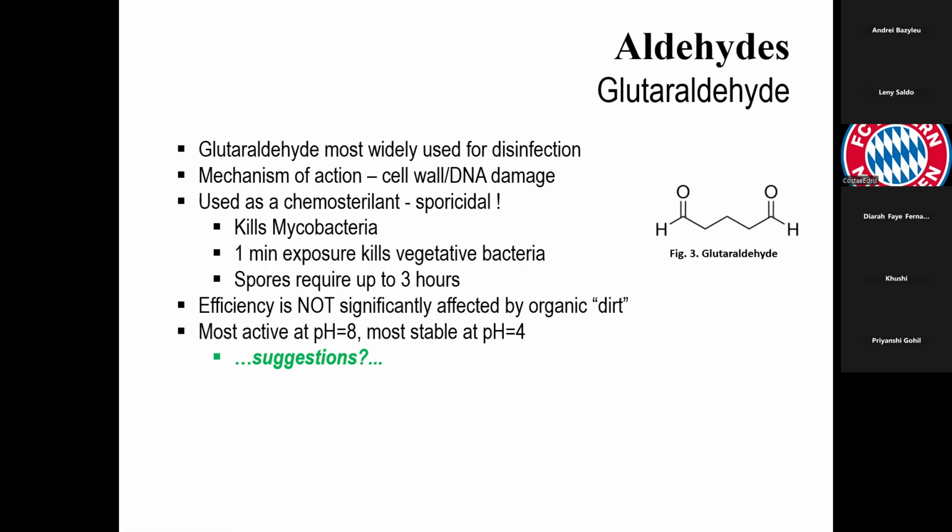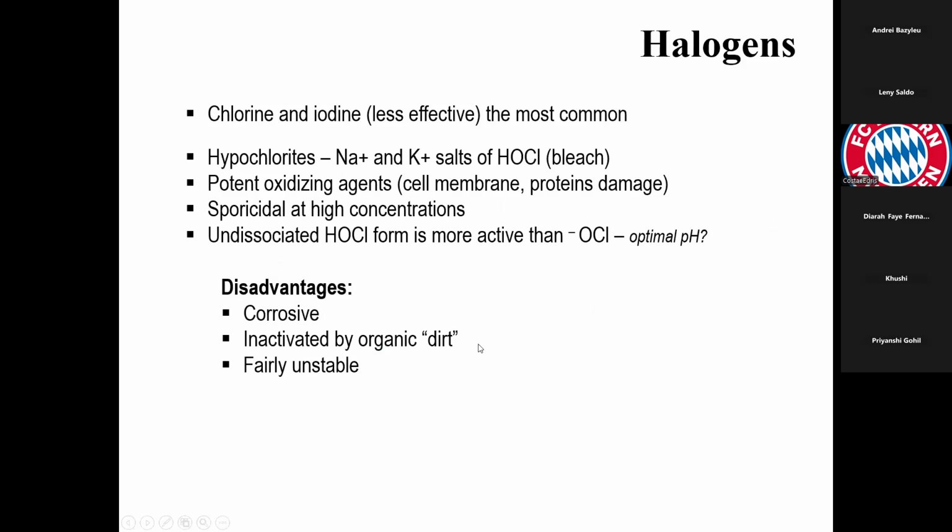So the solution right before use has to be adjusted to 8. It's not as stable anymore, but you don't want it to be too stable at this point. You just want it to act quickly, kill bacteria, and after that, it's over, right? So you have to adjust the pH.